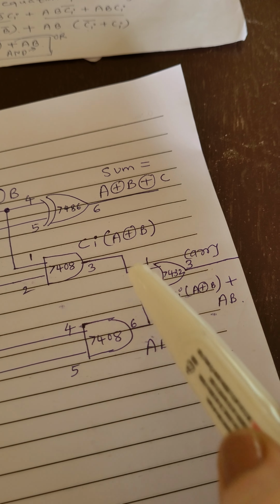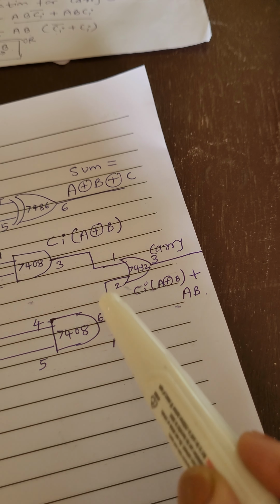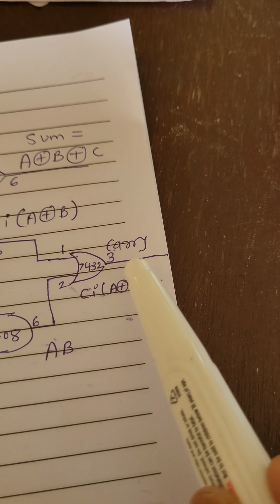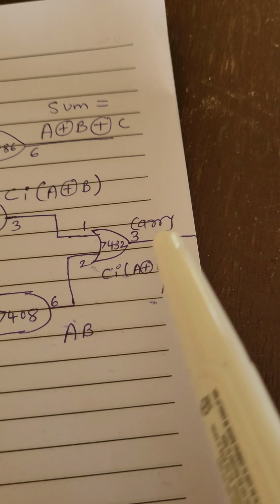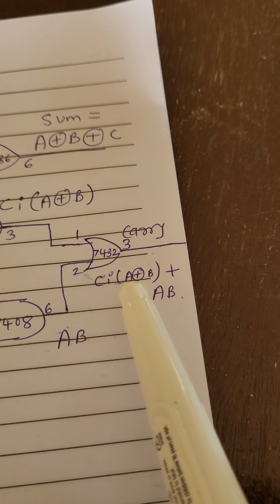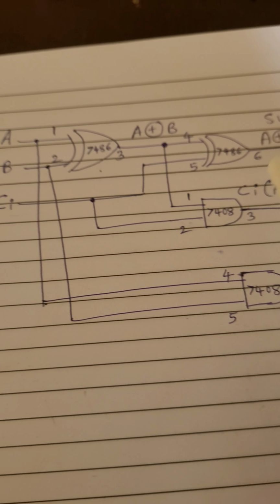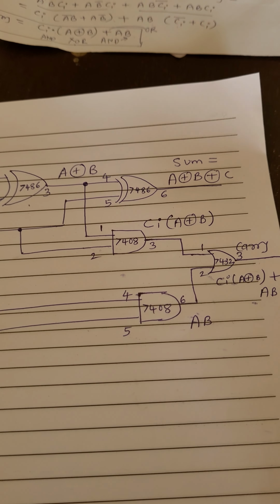Now further this has to be added, that's why I require an OR gate. So these two outputs are given to the OR gate and it has generated the carry, and that equation generated will be Ci dot A XOR B plus AB. So this is nothing but the circuit diagram.